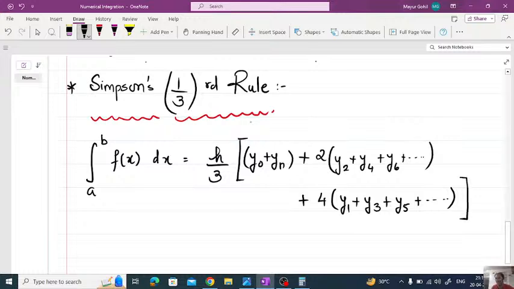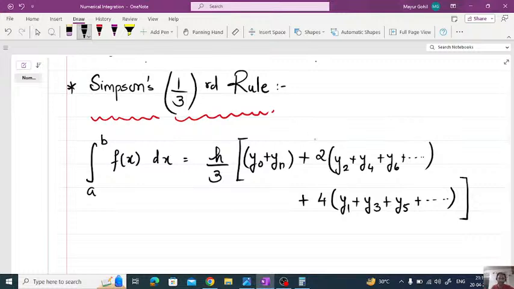Now there is one condition on this: your n has to be an even number.